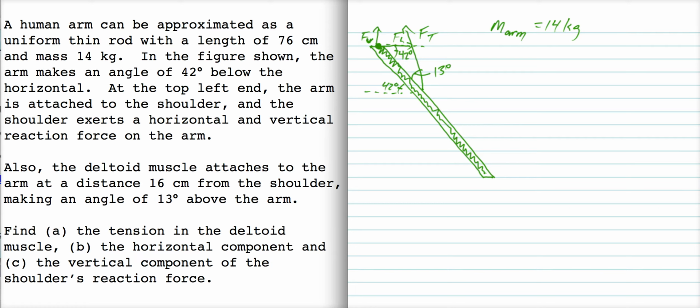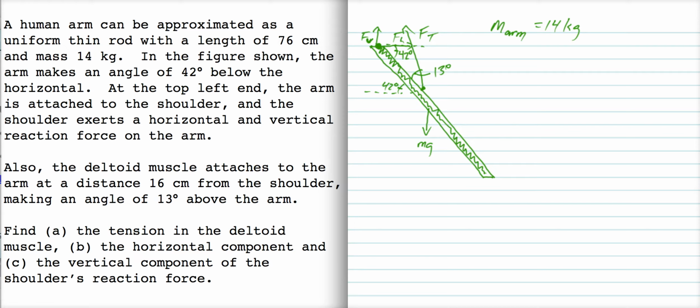Okay, so let's consider the forces acting on the arm. Gravity, certainly. There's mg here, which is halfway down the arm. And then there's this tension here. I haven't necessarily drawn this to scale, but there's a tension here that is 16 centimeters down the arm.